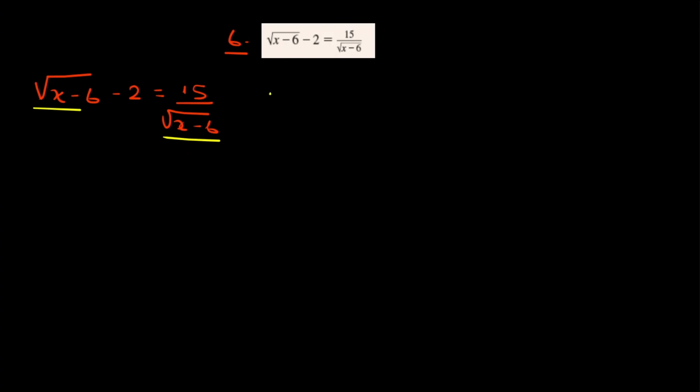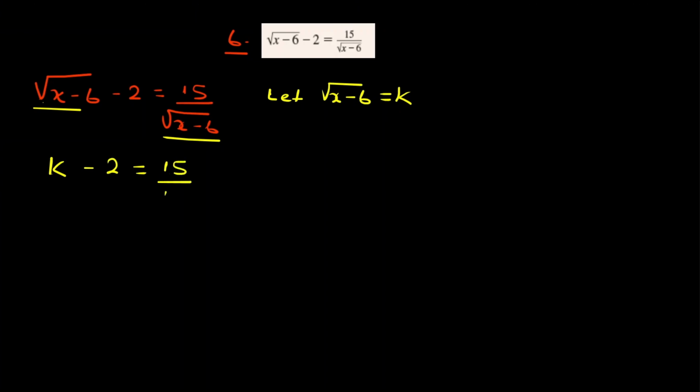Meaning that we can let the square root of x minus 6 be equal to our famous k, meaning that where there's the square root of x minus 6, we're going to substitute k. That we have k minus 2 is equal to 15.